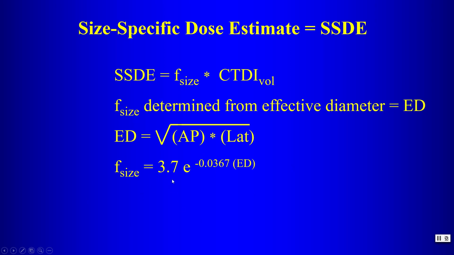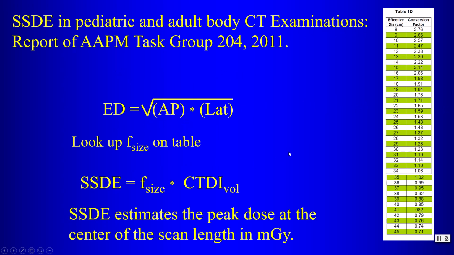I don't think it's important for you to memorize that particular formula. There is a lookup table available, and once you have calculated the effective diameter for the particular patient, you can look up this conversion factor, which correlates with the effective diameter, and use it to estimate how this is affecting the radiation dose.